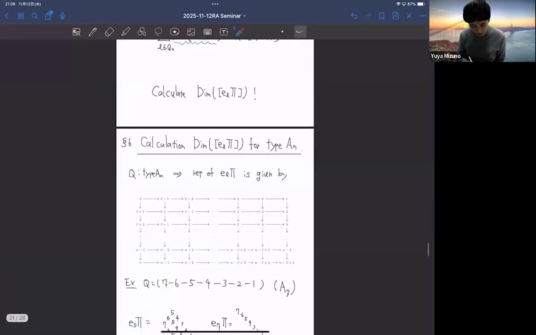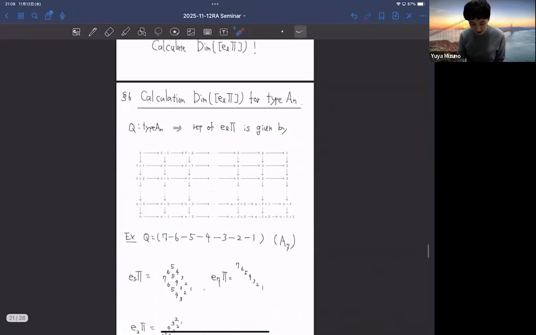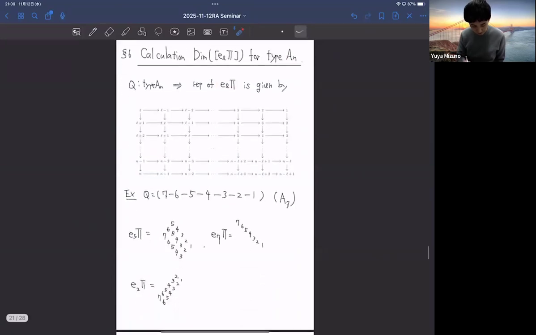And one important point for type An is that we can give a quite explicit description of the indecomposable projective. Namely, if we fix a vertex L, then the indecomposable projective is given as follows.